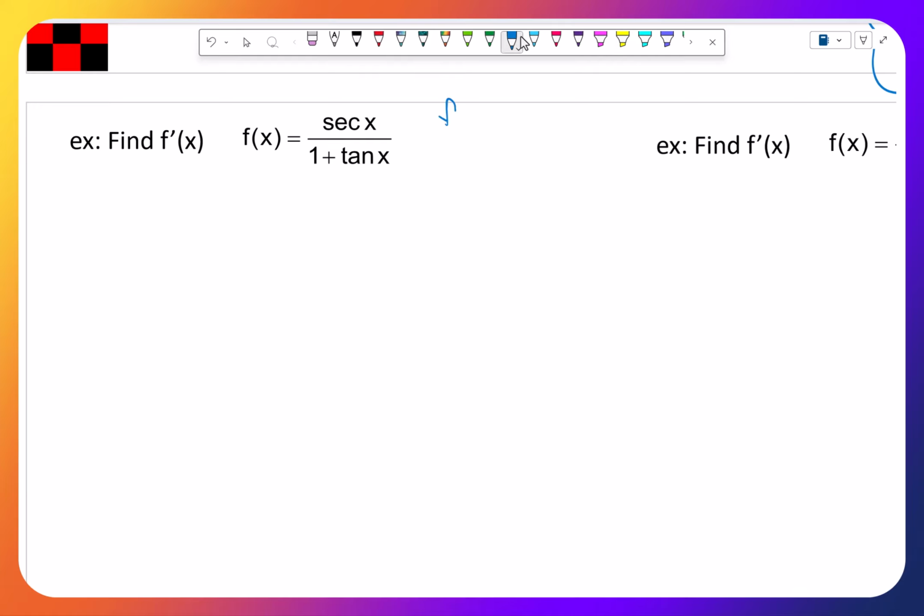So let's write it out. That's f'g minus fg', first things first, second things second, over g squared. That's my quotient rule. This top right here is going to be f, and this bottom right here is going to be g. That's according to the formula. Are we okay? All right, so let's do the formula. We've got f prime of x equals the derivative of the top, the derivative of f, our secant would be secant tangent.